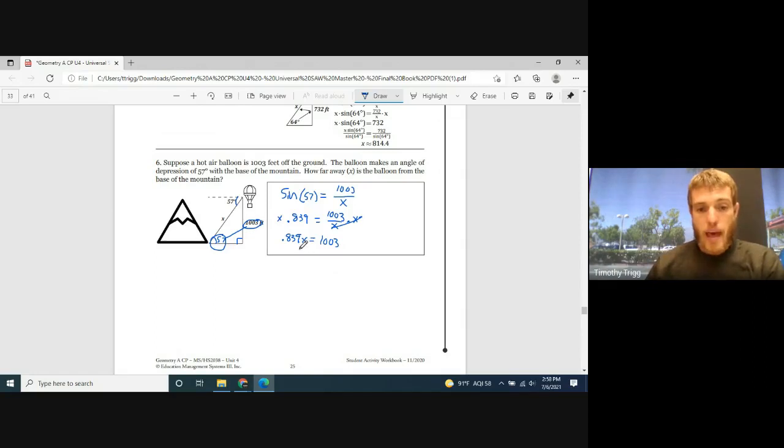And that gives me that x equals 1196, rounding to the nearest whole number. So that means the length of the hypotenuse from the base of the mountain to the balloon is 1196.